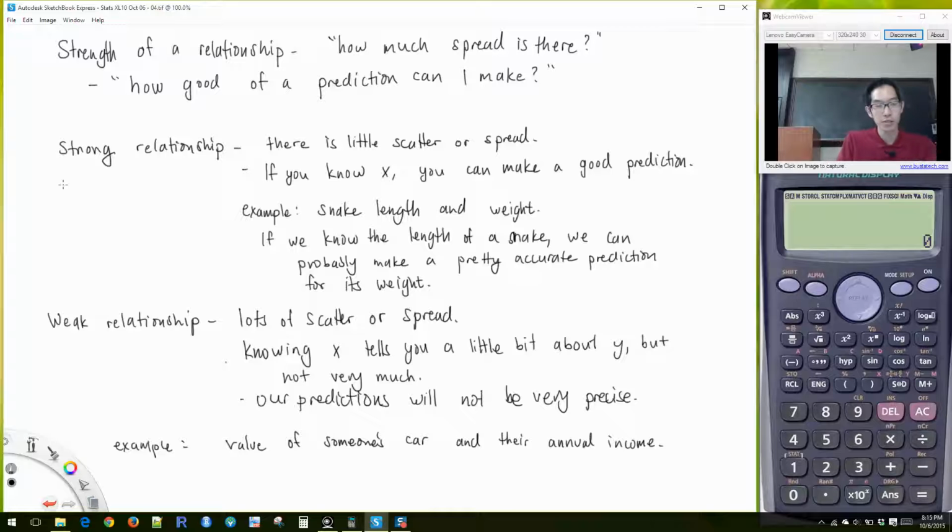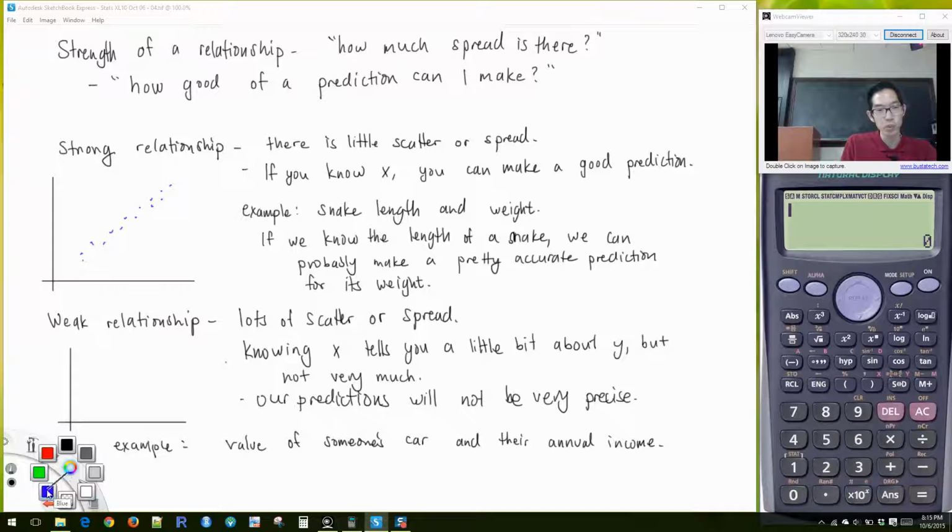And so in a strong relationship, if I had to draw a little picture here, you'd have something with very little scatter, and you've got this very nice line forming.